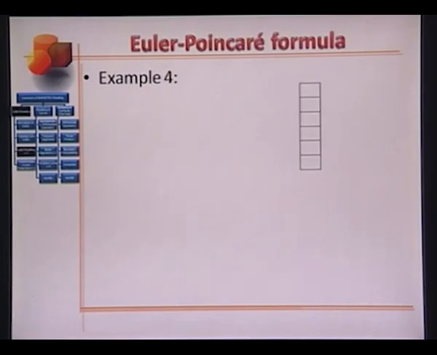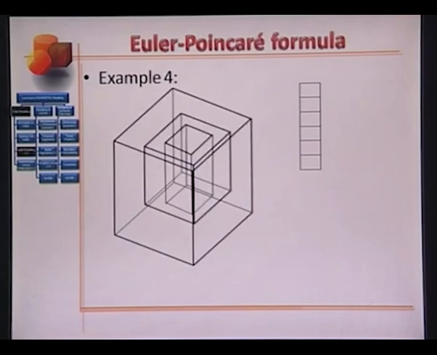The fourth example, this looks a little complicated. We have a block within a cube and this is within the outer cube. What kind of a solid is this? Let me explain.